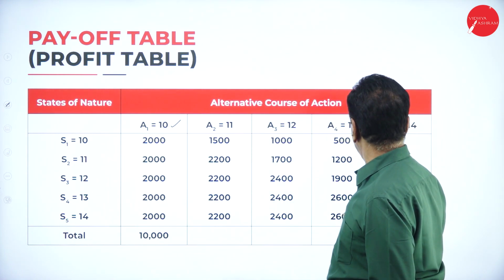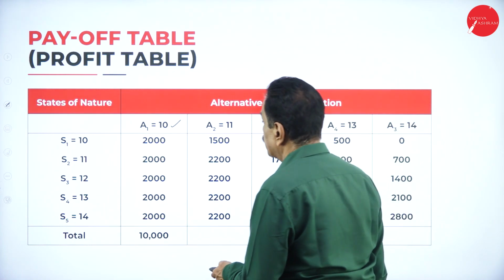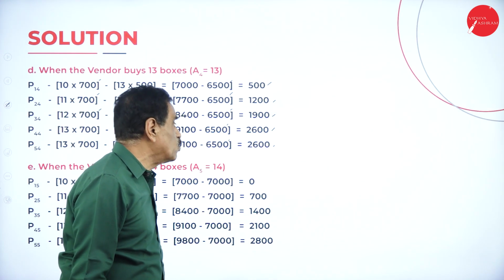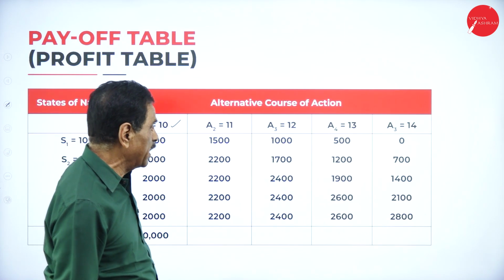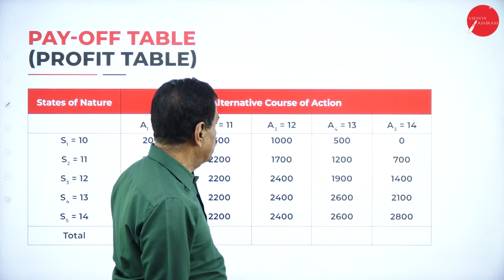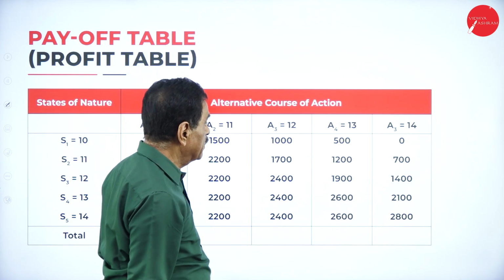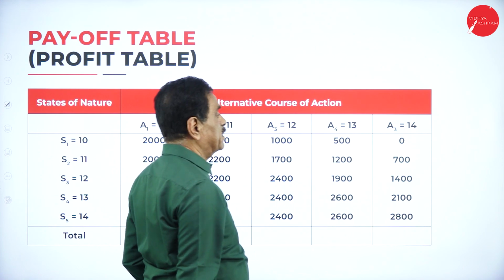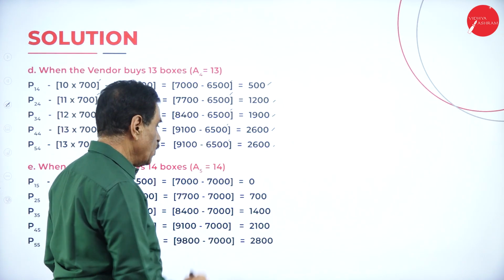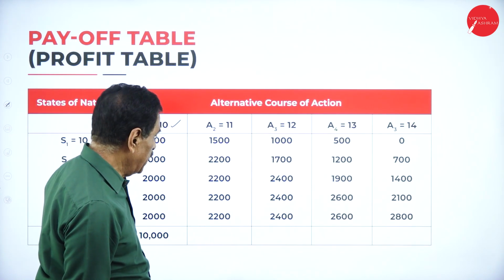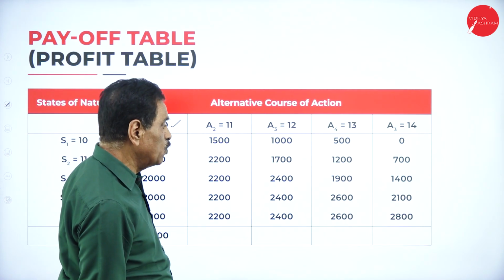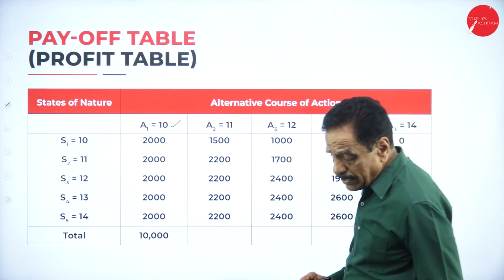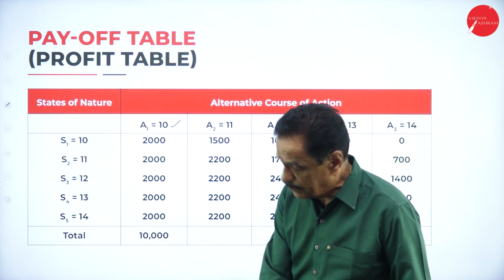Then A4, 13 boxes: 500, 1200, 1900, 2600, 2600. Then A5: 0, 700, 1400, 2100, 2800.